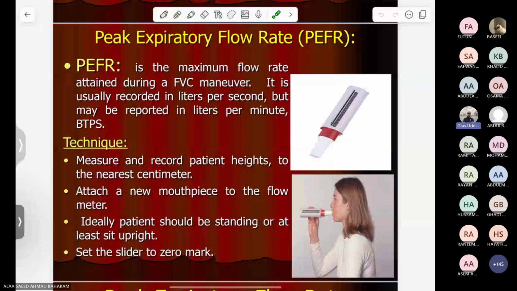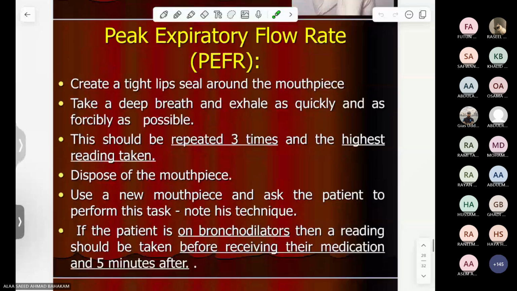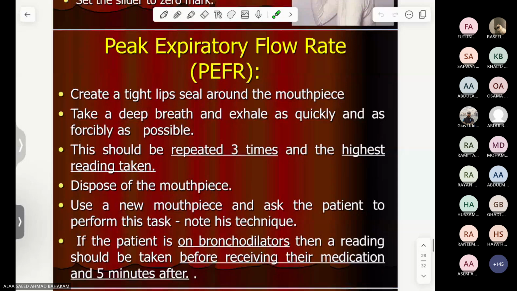Okay, go to the next one. So how do we do this? Create a tight lip seal around the mouthpiece. Take a deep breath and exhale as quickly and as forcibly as possible. And repeat it 3 times. The highest recording is taken. Okay.